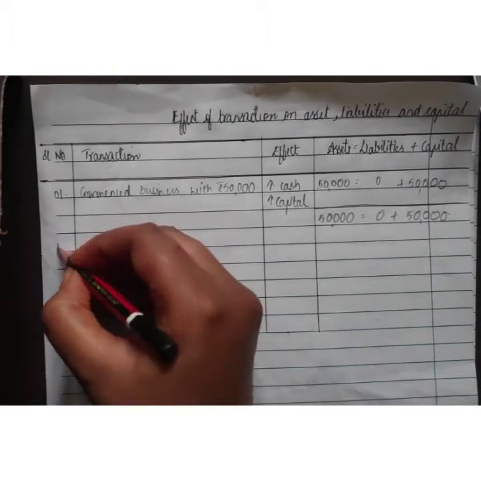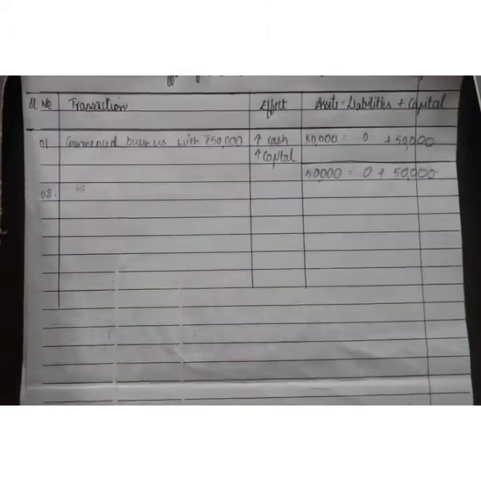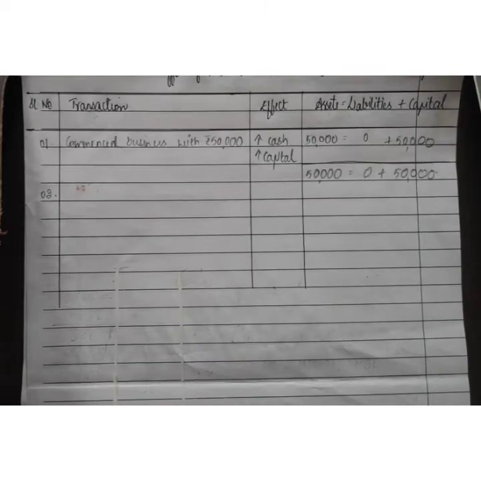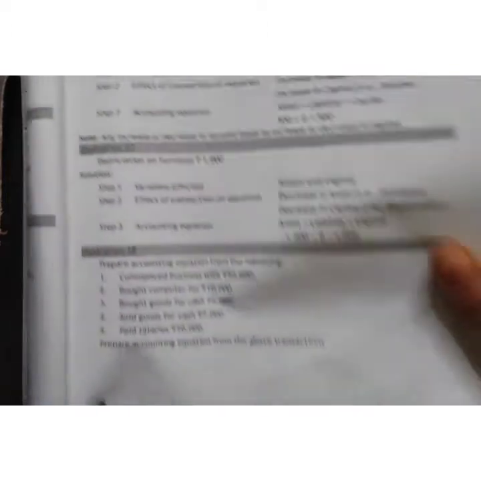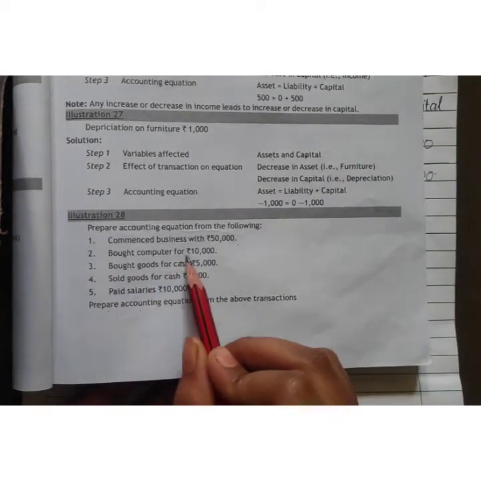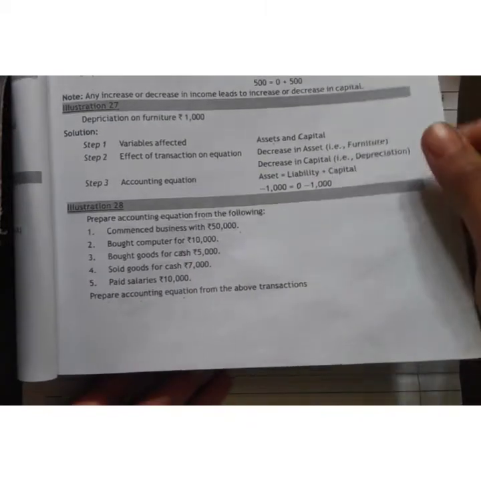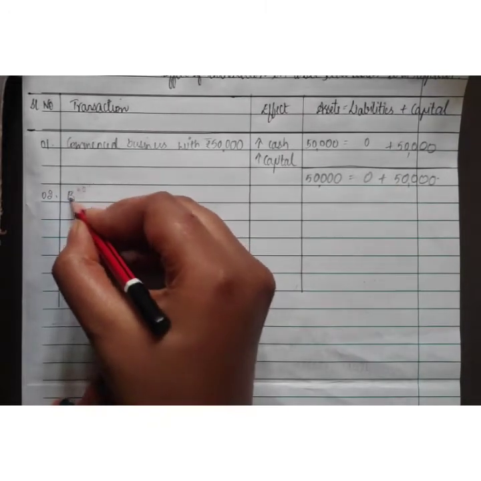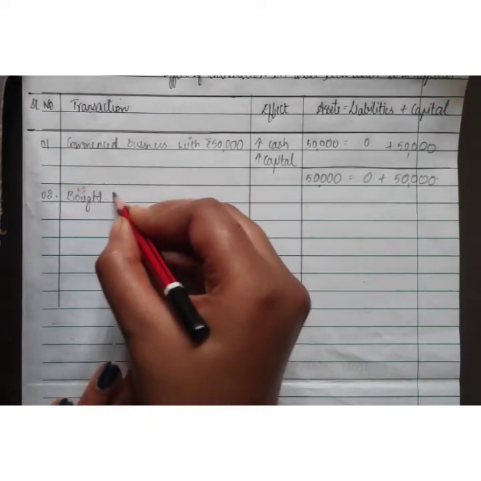Now let's move on to the second transaction. Let's see what is the second question. Okay. The second question is bought computer for rupees 10,000. So now they are getting the computer for rupees 10,000. So what we have to do? We have to write the same transaction here.